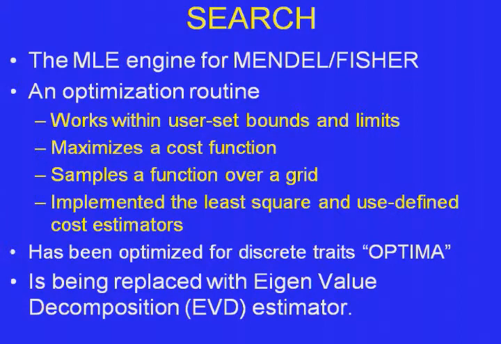And I think John Blangero is the one who optimized the search routine for discrete traits, and the new name given was Optima. And as I understand, in the most recent version of Solar, the search algorithm has been replaced with eigenvalue decomposition estimation, and Laura can correct me if I'm dreadfully wrong on that.